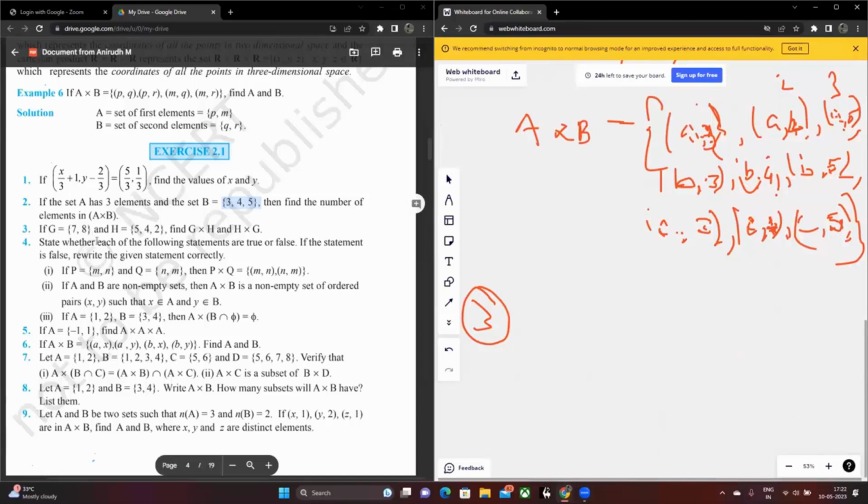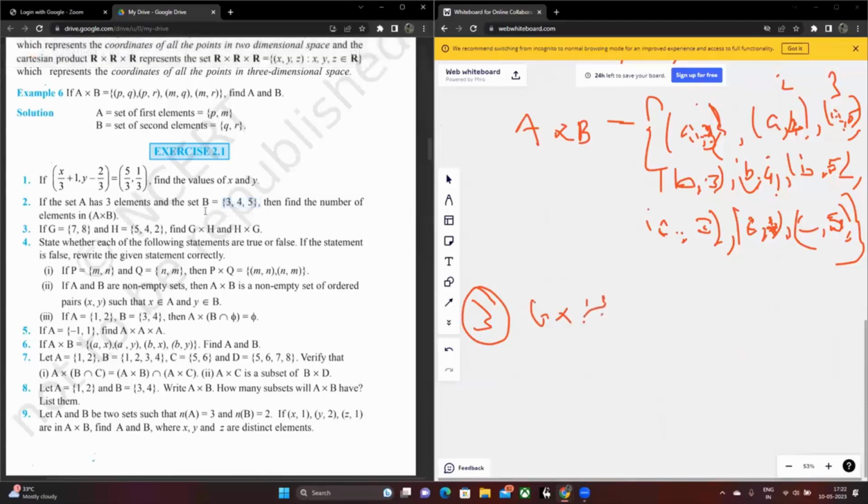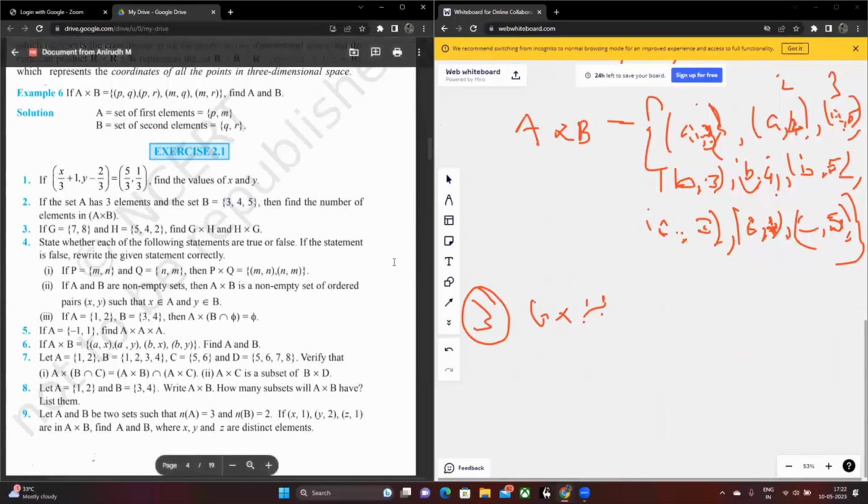Question number 3. If G is {7, 8} and H is {5, 4, 2}, find G cross H and H cross G. This is a great way to prove that the Cartesian product is not commutative.